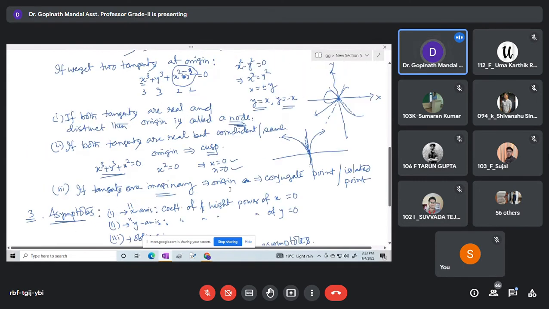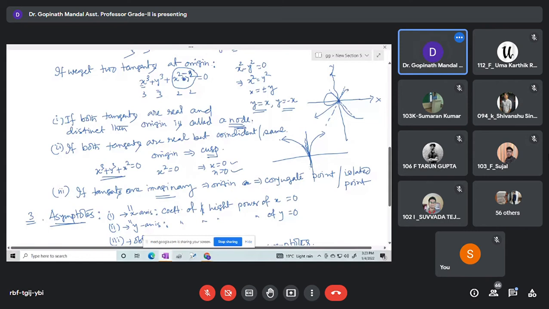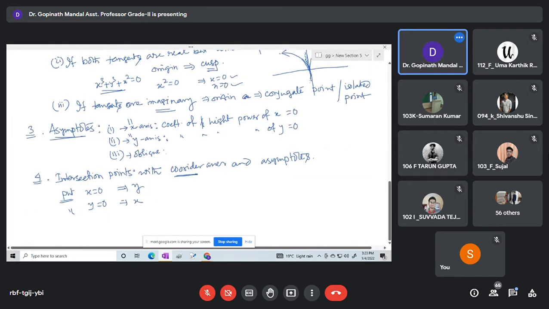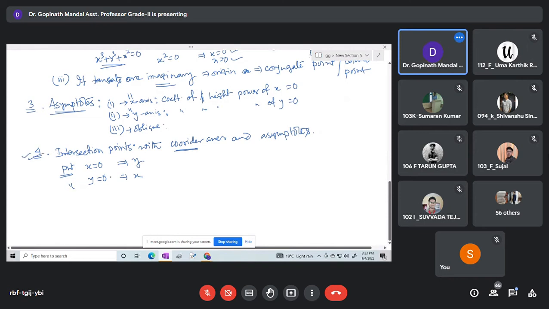Suppose for this equation, if you put y equal to 0, then you find 2 points, one is 0, 0 and another one is 2, 0 or a, 0. This will be minus 2, 0 or minus a, 0, like that. So the fourth is very important, intersection points with the coordinate axes and also asymptote.